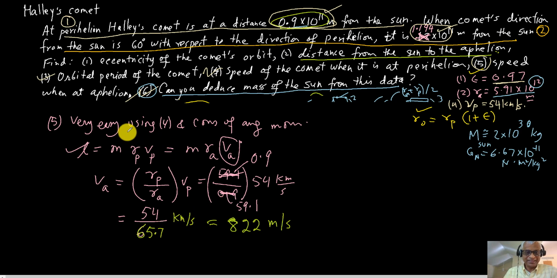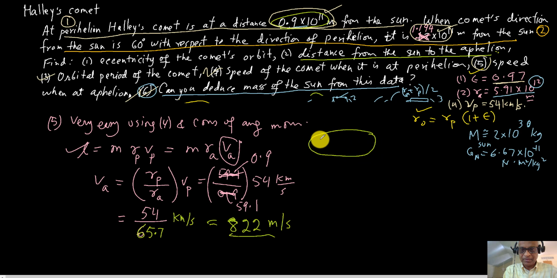I said it was easy, right? It is very easy, but you can make a very silly mistake like this, putting these numbers in. We have to be careful. I was able to catch it because I was expecting a very slow speed and it was getting very large. That's just the opposite of what it should be. So it's about 0.9 kilometers per second, and that's not that fast.